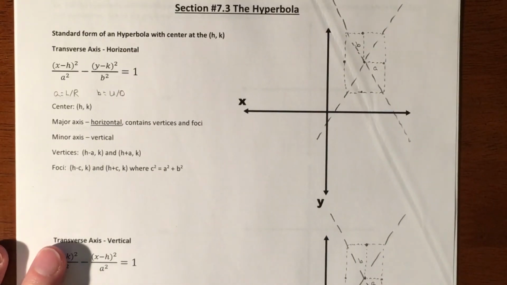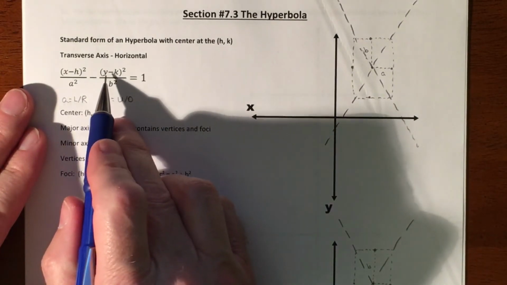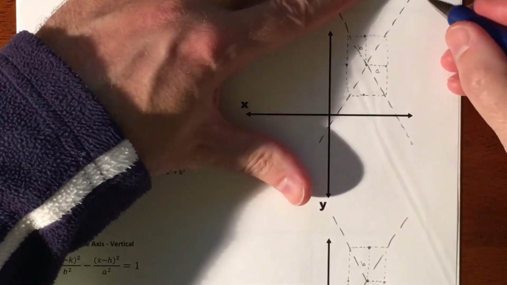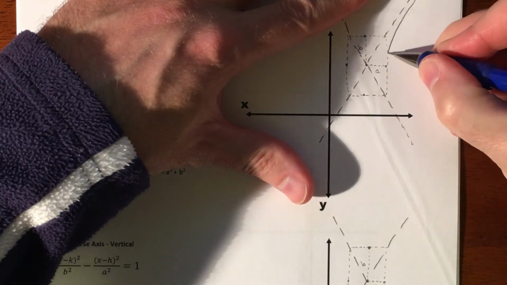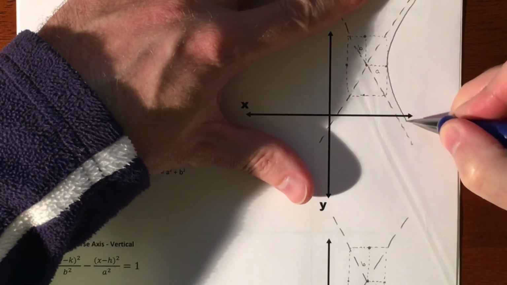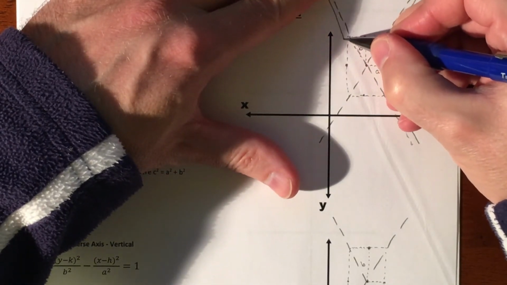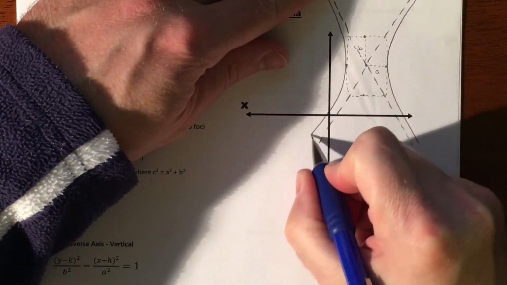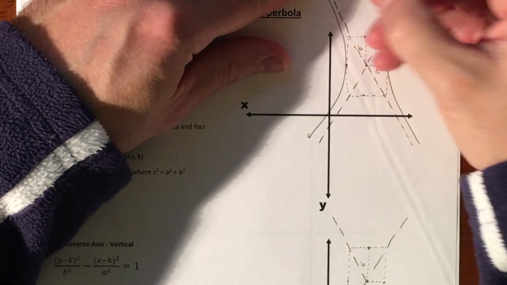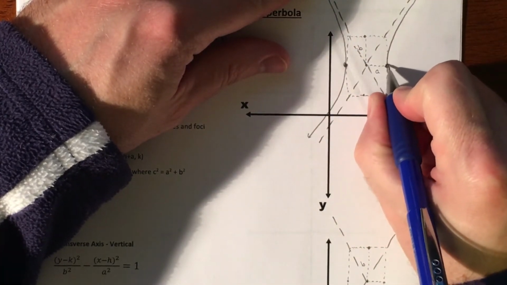If you have X's subtracting Y's, then you're going to have a horizontal hyperbola. So your hyperbola looks like this and this. It hugs the asymptote, breaks off, hits that corner, which is a vertex, and then comes off. So that's a vertex, that's a vertex. So you have two vertices.